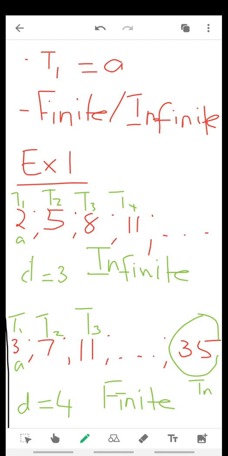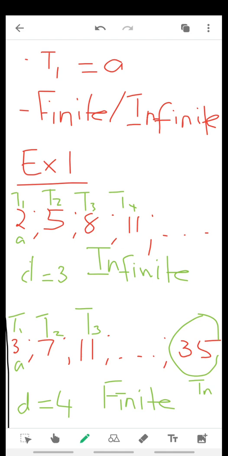Then T3 minus T2, 8 minus 5, I'm getting 3. Okay, so since the first difference is constant, that means this sequence is arithmetic. Is it finite or infinite? This sequence is infinite because we see ellipses there which are indicating to us that there are more terms following thereafter, and we don't know what the last term is.